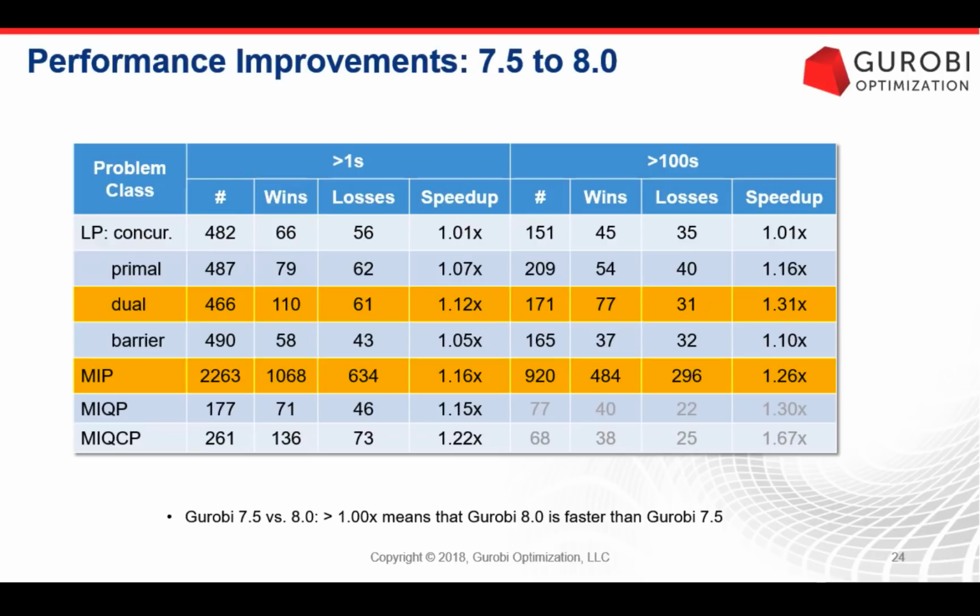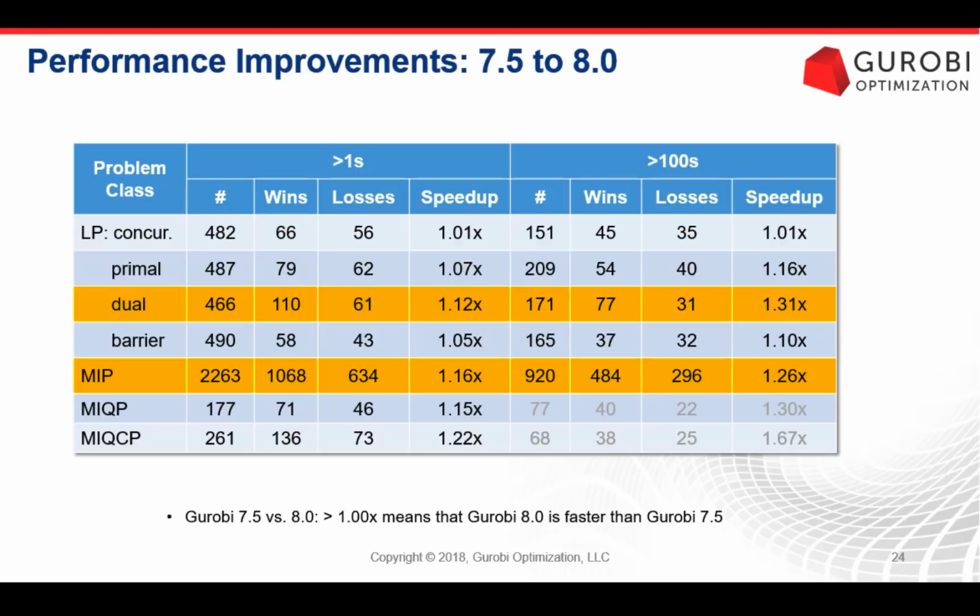What we've done is we've taken our benchmark set and divided it into two subclasses. On the left, you see results for the models that take at least 1 second to solve for either version 7.5 or version 8.0. And on the right, we have results for models that take at least 100 seconds to solve using either 7.5 or 8.0.